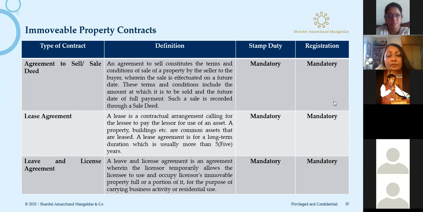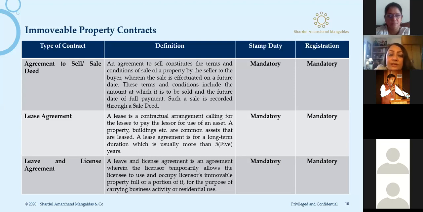In cases of property documents, leases, where it's either a long-term duration, which is mostly above 5 years, or leave-and-licenses of less than 5 years, we are talking about this right now keeping in mind we are in Mumbai, and on that basis you have to look at the applicable law for a particular jurisdiction to understand the nuances completely.